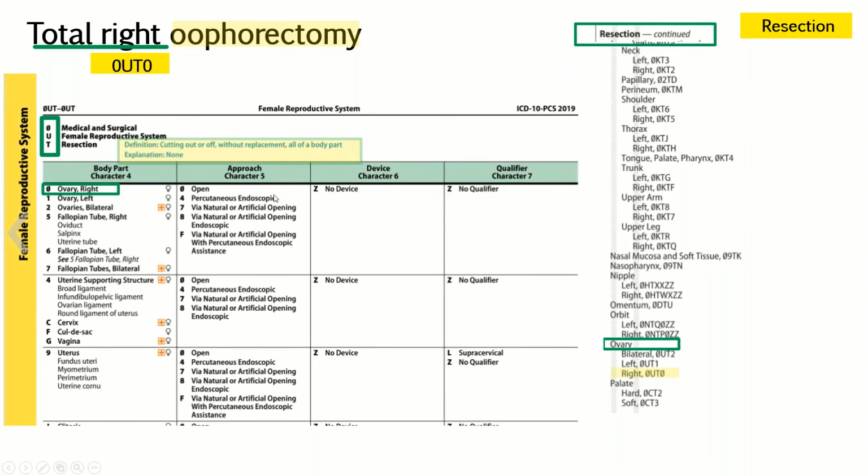What is the approach, coders? Well, if you remember, if it doesn't document that it is endoscopic or not, guess what? It's open. And your device character 6, no device, that's your only option. And your qualifier, you only have one option, that is Z. So your code, 0UT00ZZ.